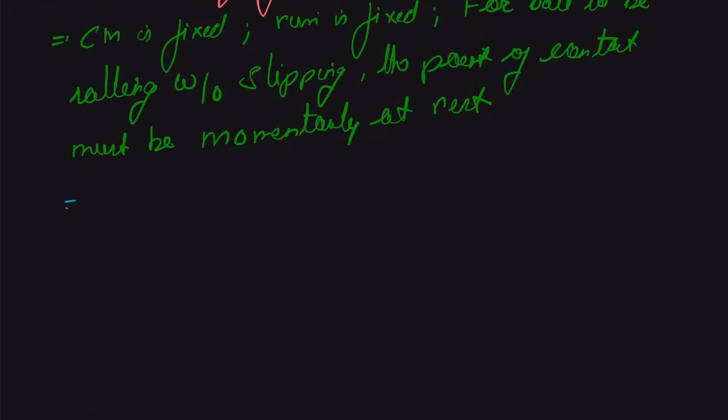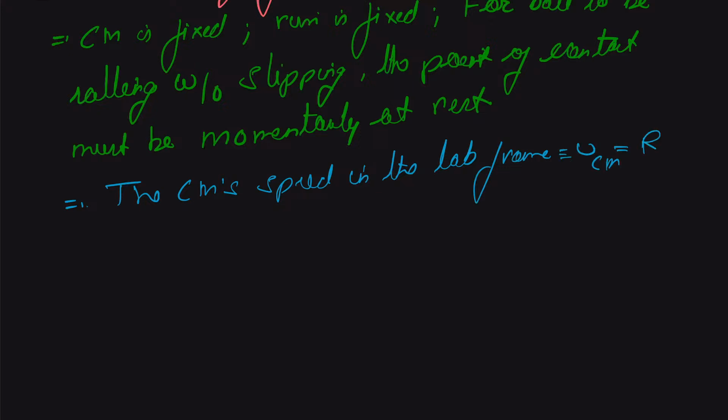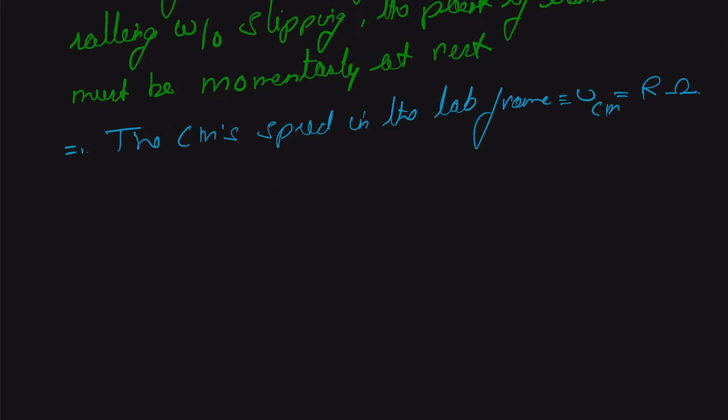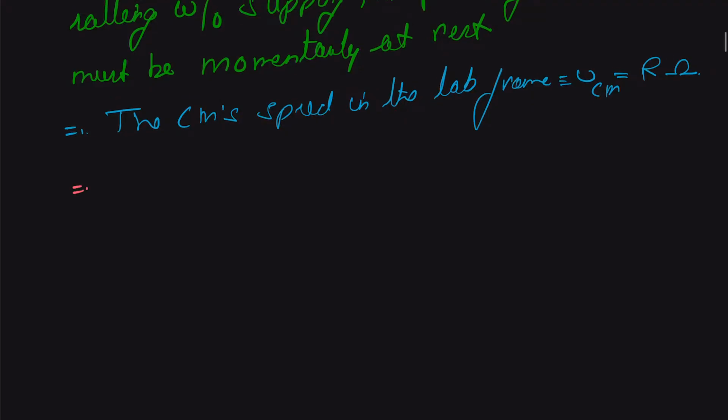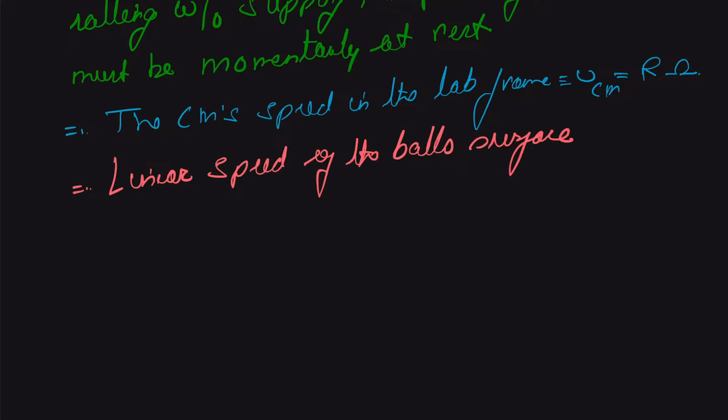For that we can say that the center of mass speed in the lab frame, let us call this as VCM, will be equal to R times omega, and we can also write the linear speed of the ball's surface due to spin, and let us call this V surface.